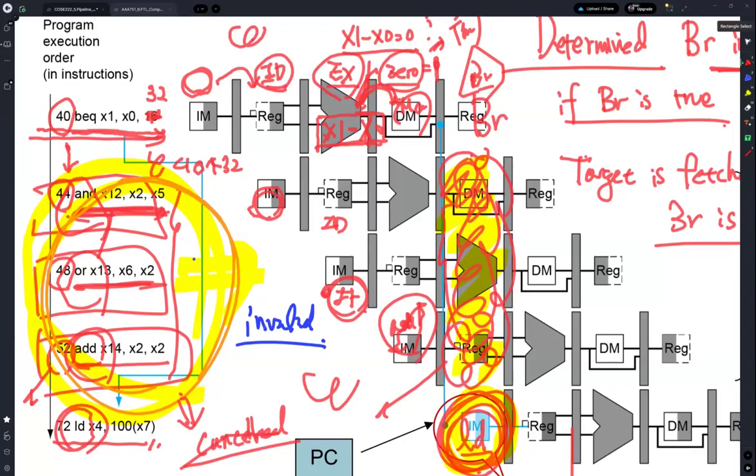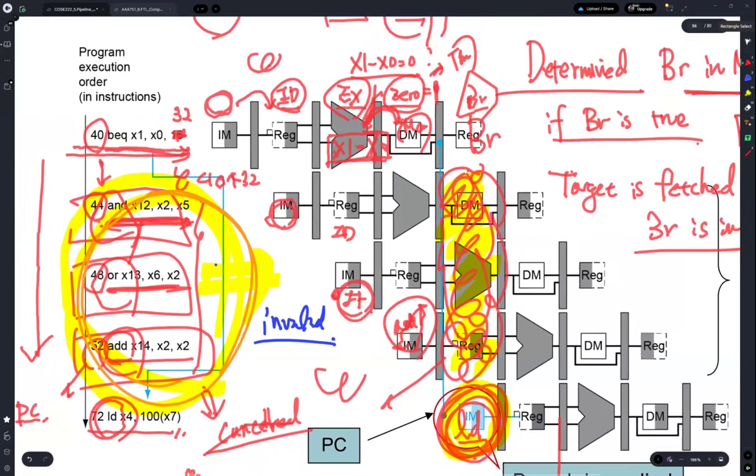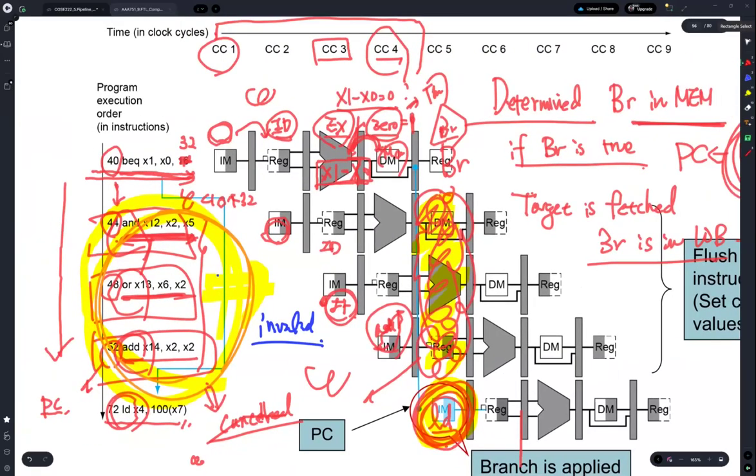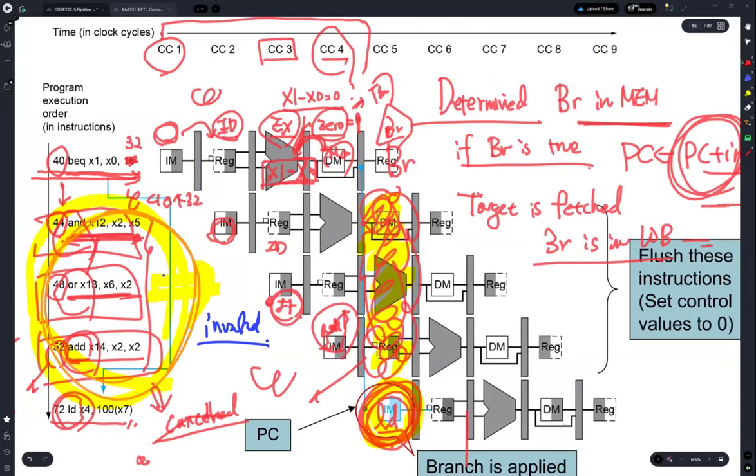Because three instructions are canceled, if the branch is taken, that means the condition of the branch is true, then three cycles are wasted. Why? It is because the result of a branch instruction is determined in the memory stage. So the incorrectly fetched instructions are in the instruction fetch, ID, and execution stages, and we need to cancel them.